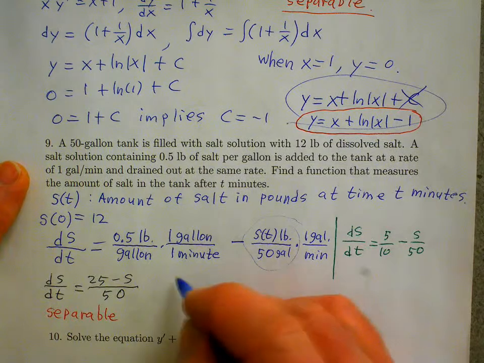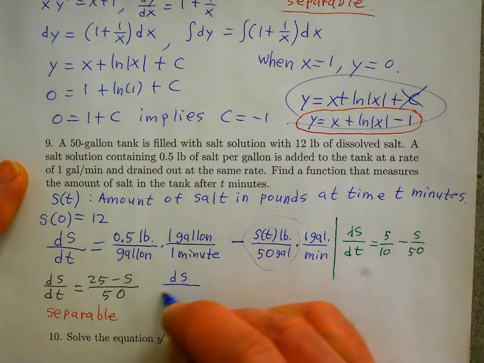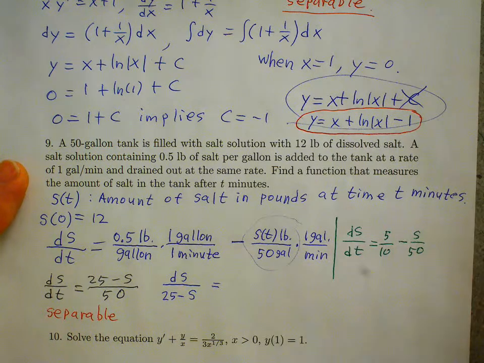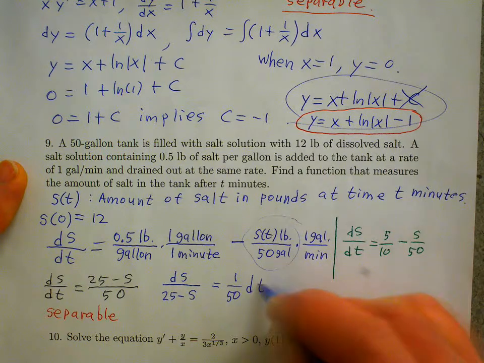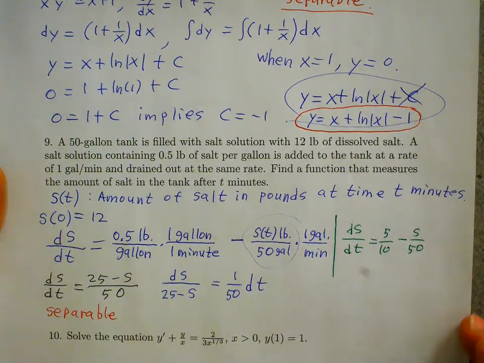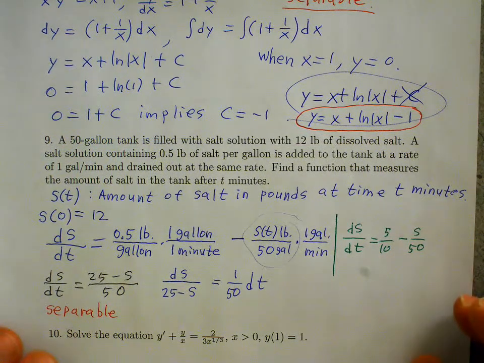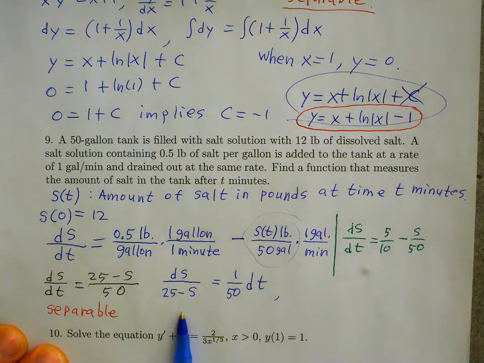So if we separate this, we write ds over 25 minus s, and then on the right-hand side, 1/50th times dt. Then we integrate both sides. On the left-hand side, we integrate with respect to s.